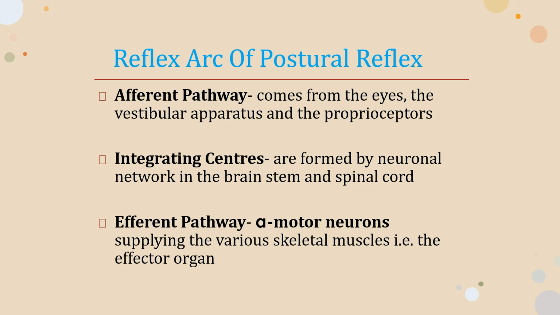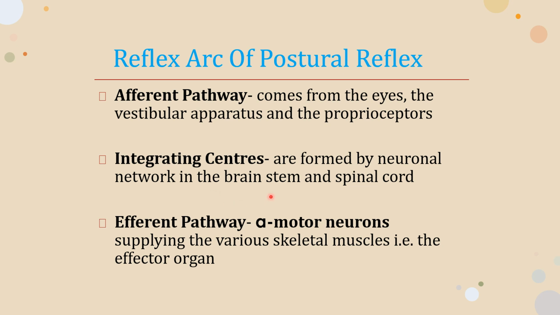The reflex arc of postural reflex contains the afferent pathway, integrating centers and efferent pathway. The afferent fibers come from the eyes, vestibular apparatus and proprioceptors. Integrating centers are formed by the neuronal network in the brainstem and spinal cord.